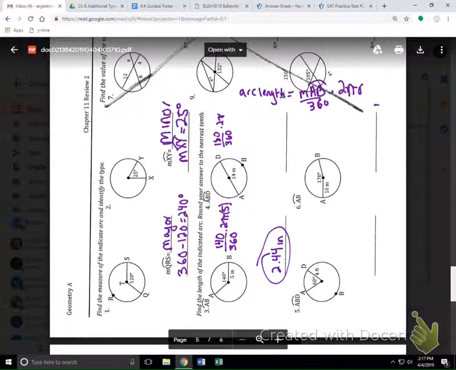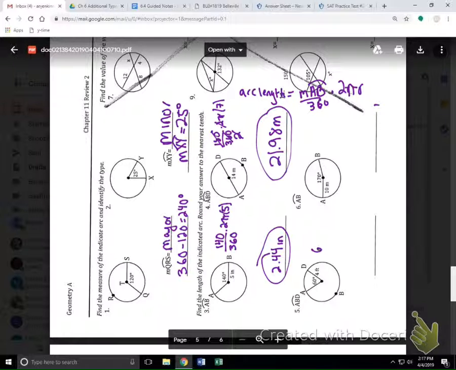So 7 goes there. This goes into this 2 times. The 2's cancel. What is 7 pi? 7 pi. What do we call it? 21.98 meters.